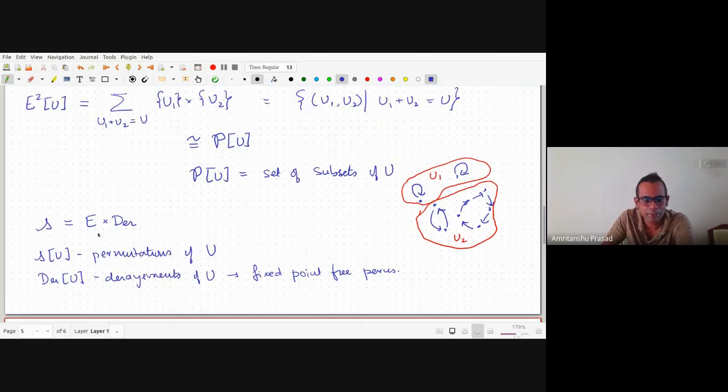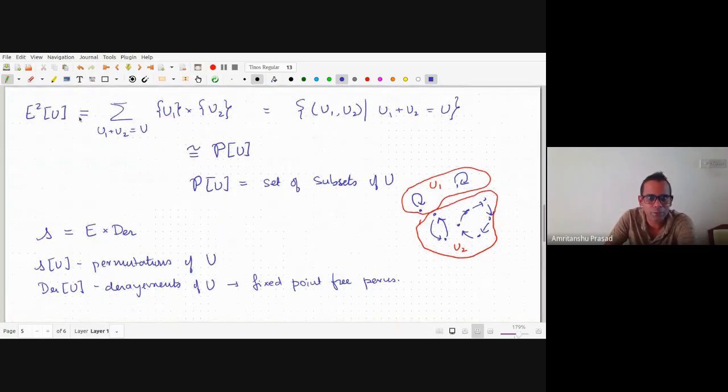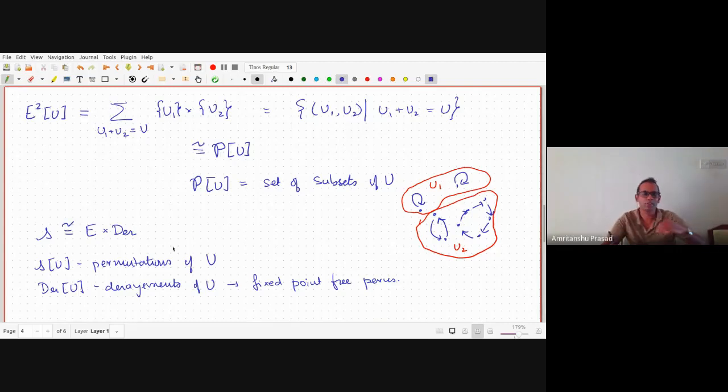When I say equality, I always mean natural isomorphism. So same here, I wrote isomorphism, but strictly speaking I should say natural isomorphism of functors. Visually it's just coming from this.